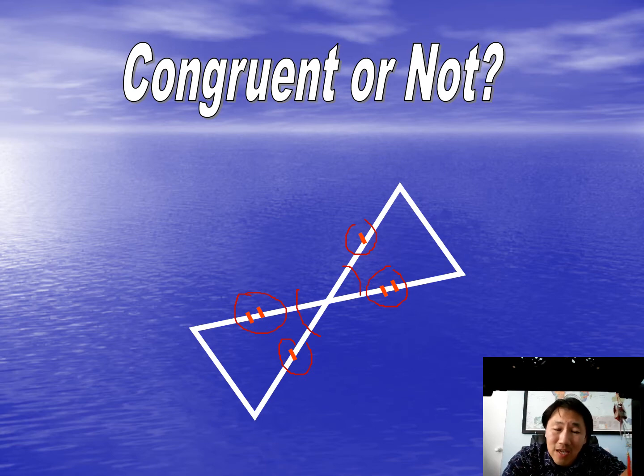Whenever you have vertical angles, you're allowed to mark them as well, because we know vertical angles are congruent all the time. All right, and so it looks like we do have a side, an angle, and a side. So yes, these two triangles are congruent.